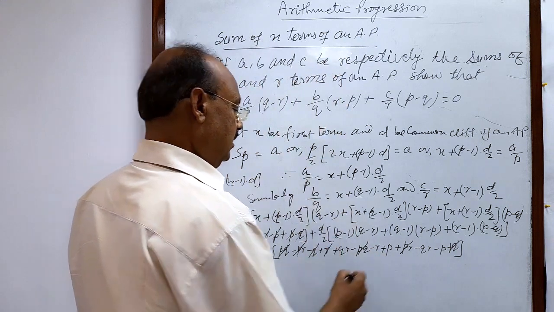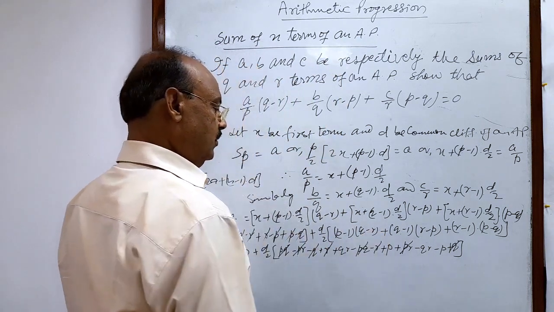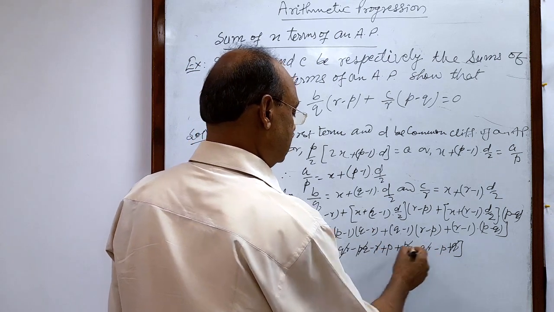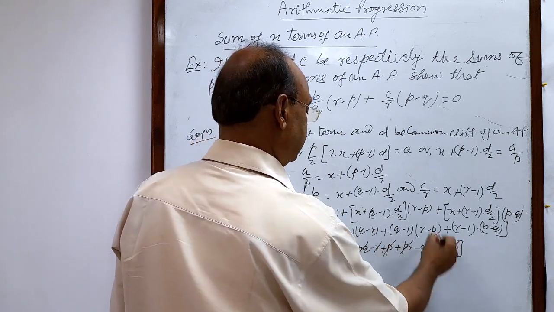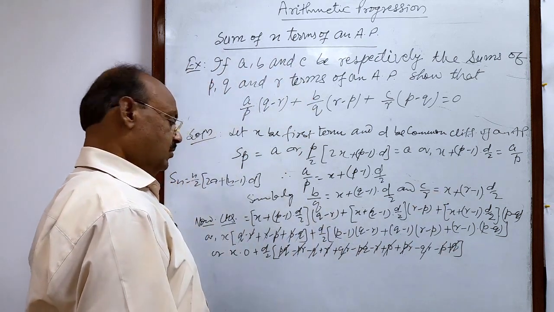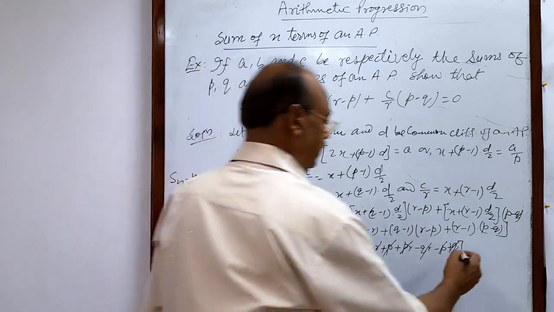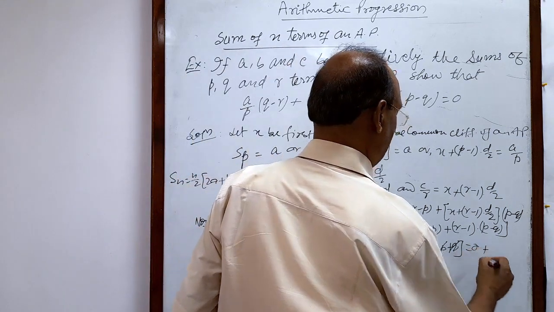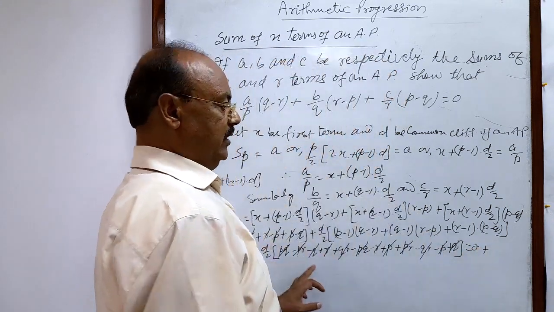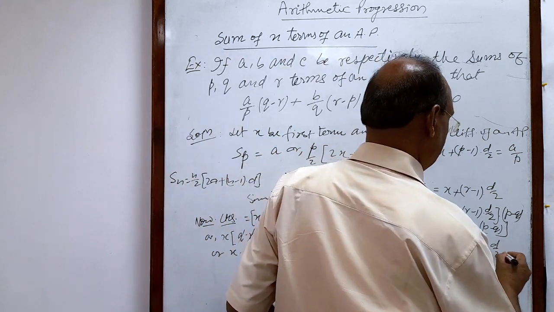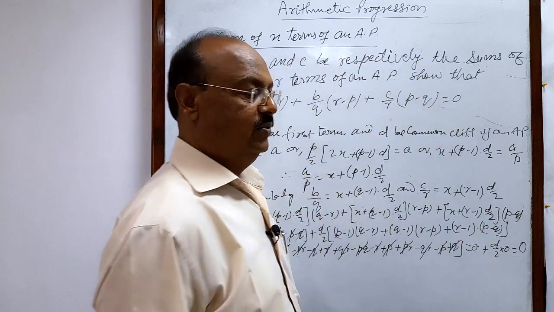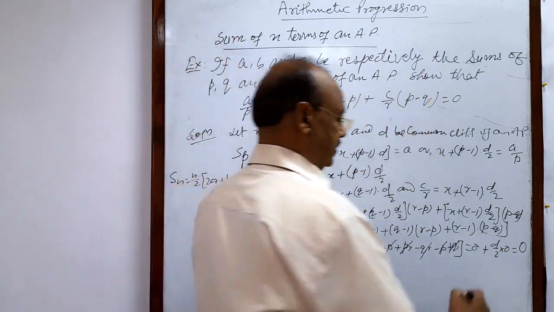Here plus r and minus r will be cancel out, and lastly plus qr and minus qr will be cancel out, and plus p and minus p will be cancel out. So very interestingly, you see here x into 0 is equal to 0 and plus d/2 into 0. So finally we are getting this is equal to 0, which is equal to right hand side.